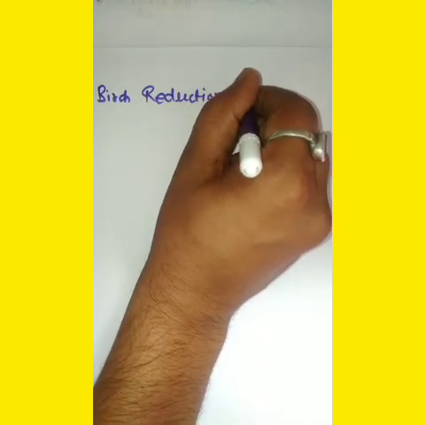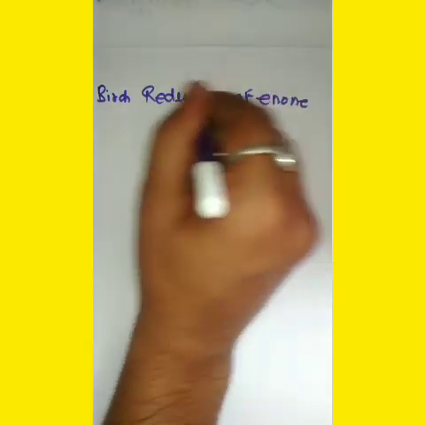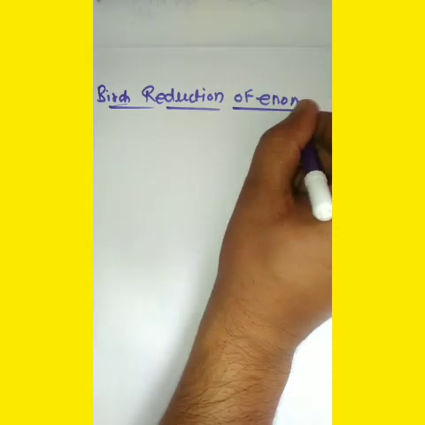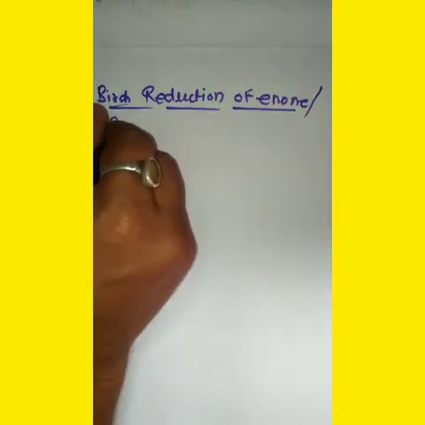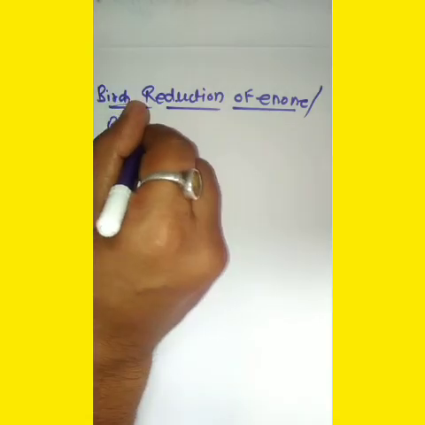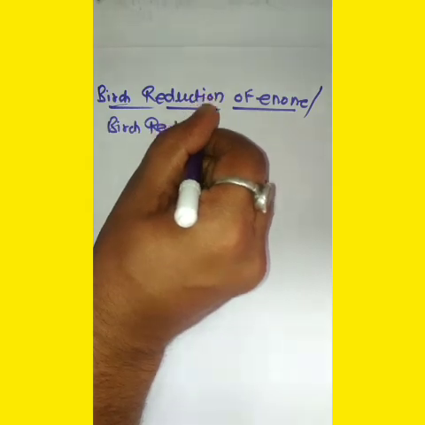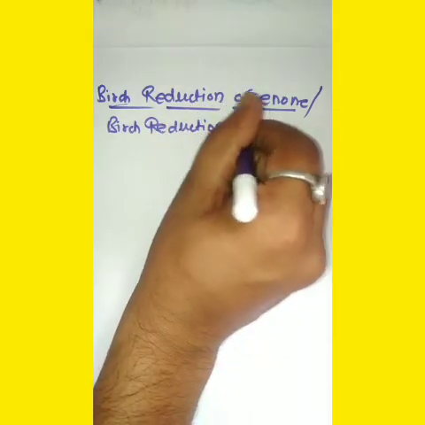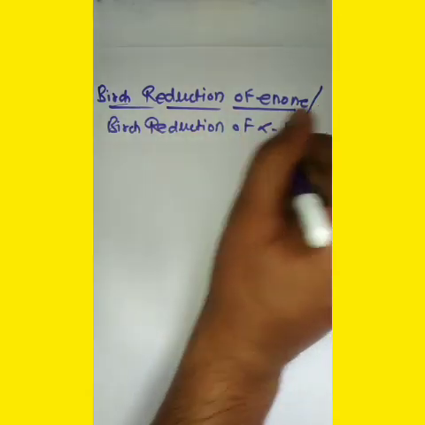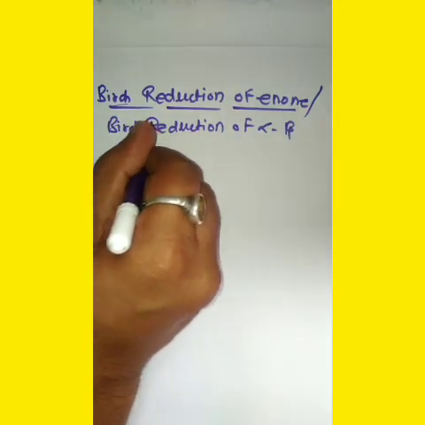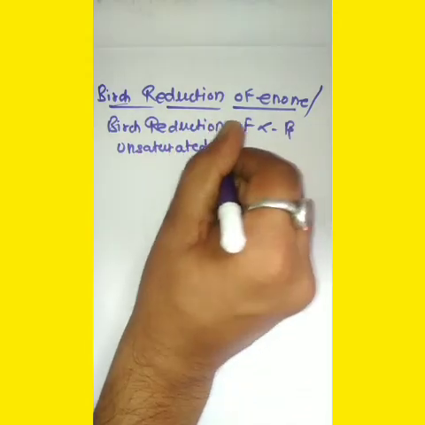Birch reduction of enone, or simply Birch reduction of alpha beta unsaturated ketone.